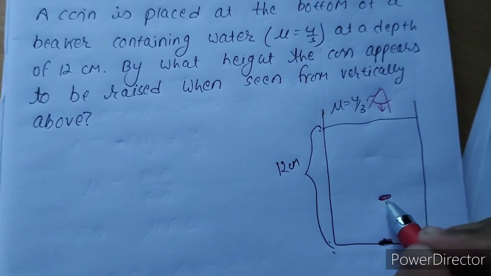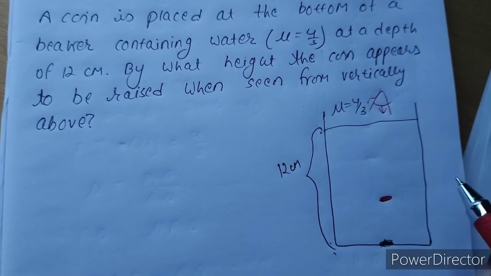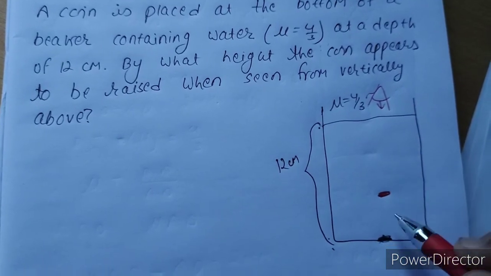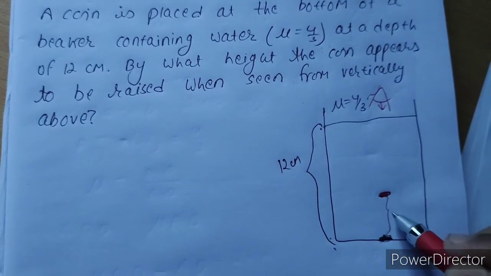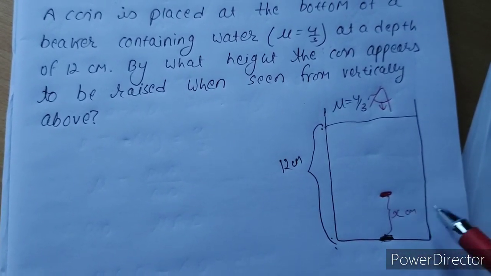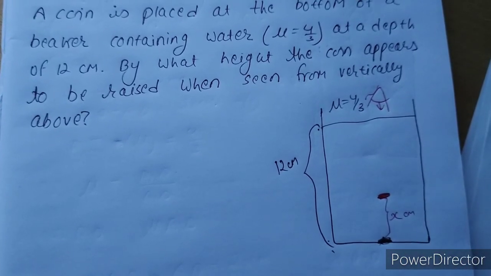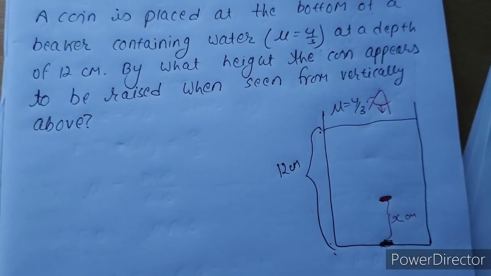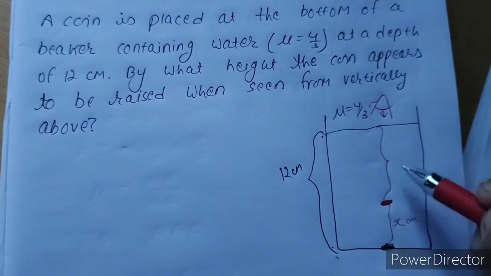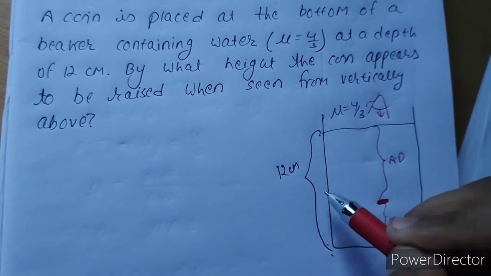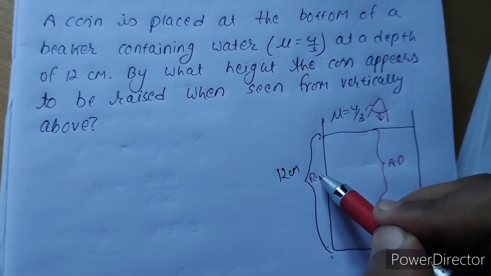Let us assume the coin appears to be at this point. So the height by which the coin is being raised is x centimeter, this is called apparent depth, and this is my real depth.